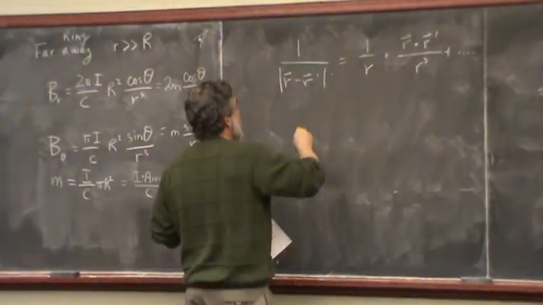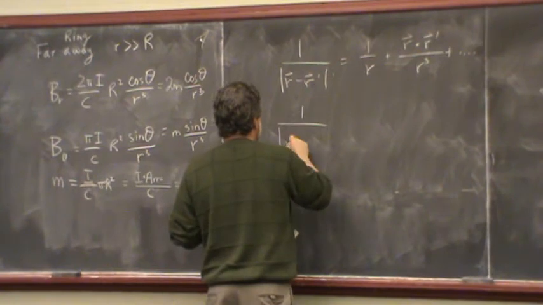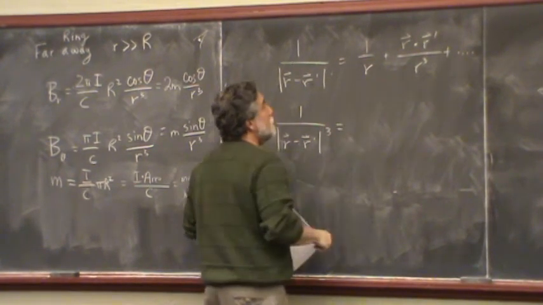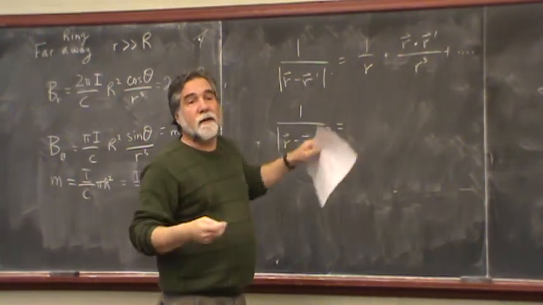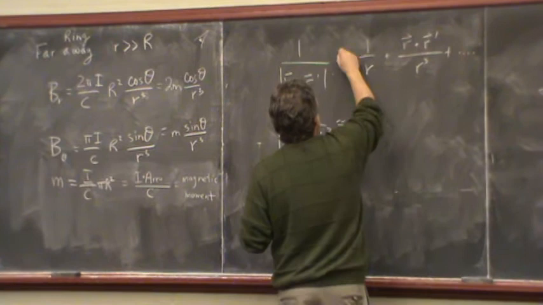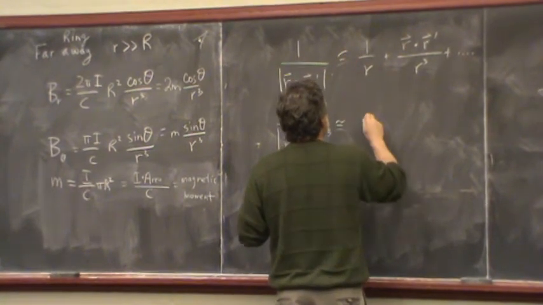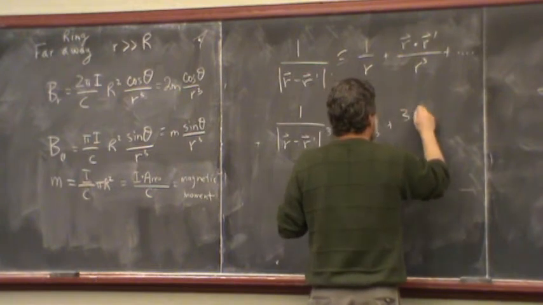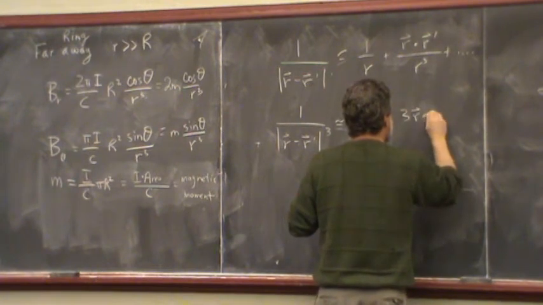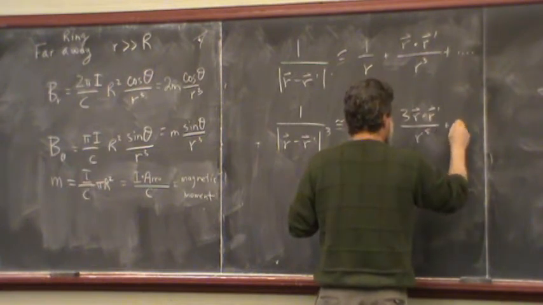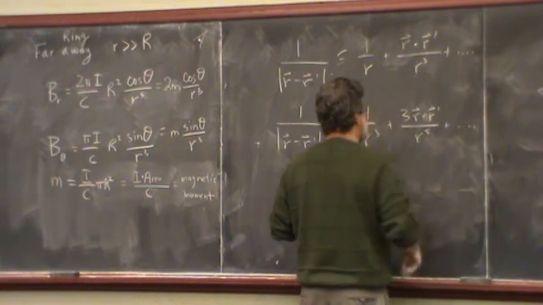And then if I take that and cube it, because I'm going to need that cube, I just look for the lowest order terms. That's 1 over r cubed plus other terms.